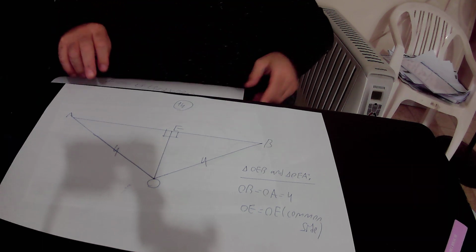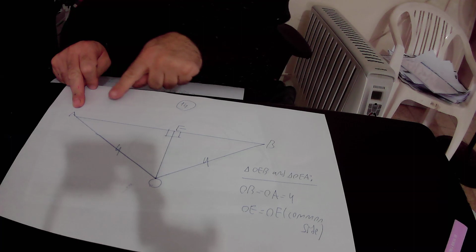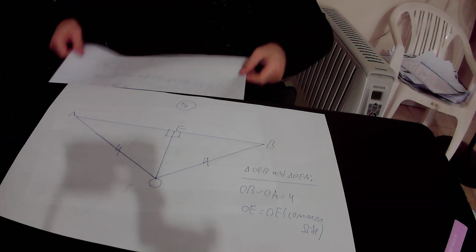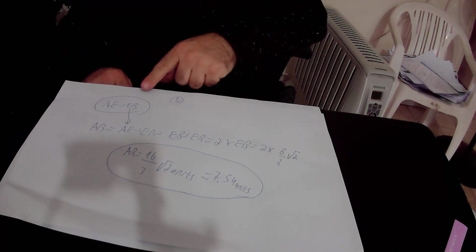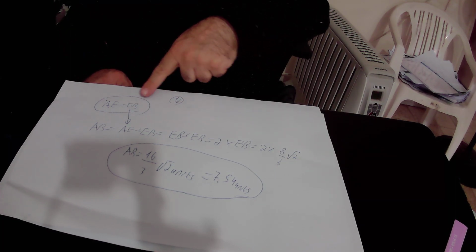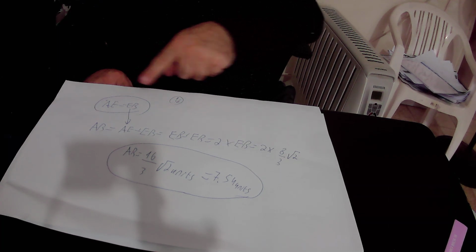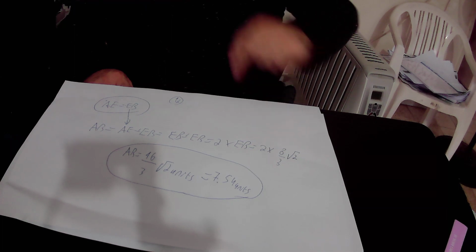And what is the value of AB? You can see from the drawing that AB equals AE plus EB. But we already know that AE equals EB, so we can substitute AE by EB, and we get that AB equals EB plus EB, that is to say AB equals 2 times EB.